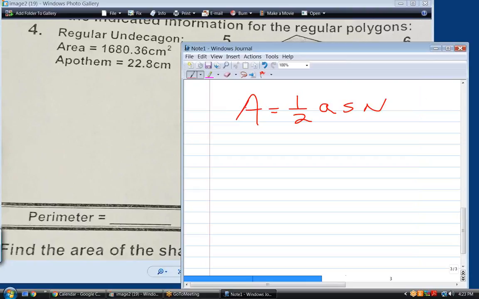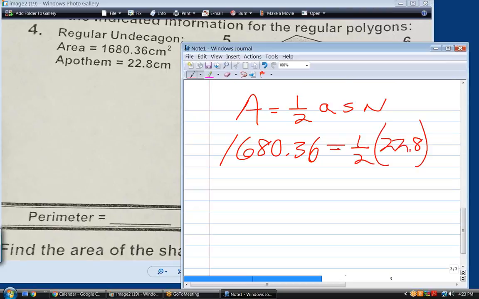Okay, so what should I fill in for A? 1680.36 equals 1/2 times 22.8 times S times 11.